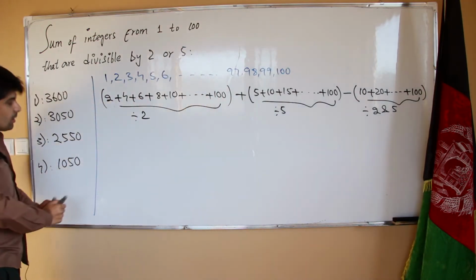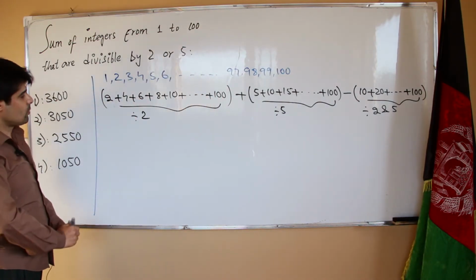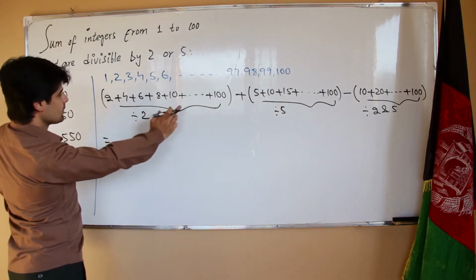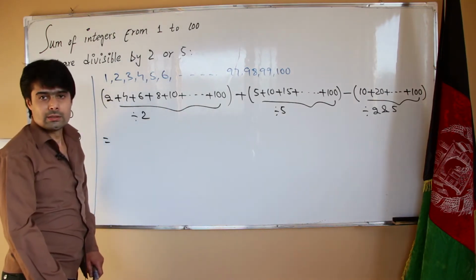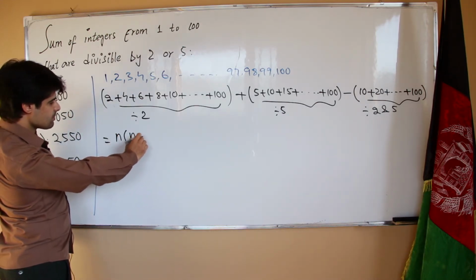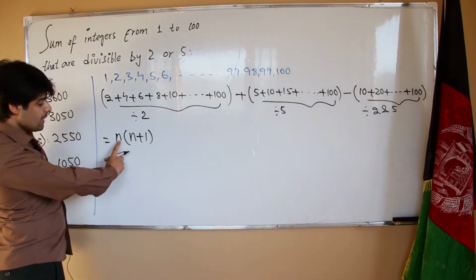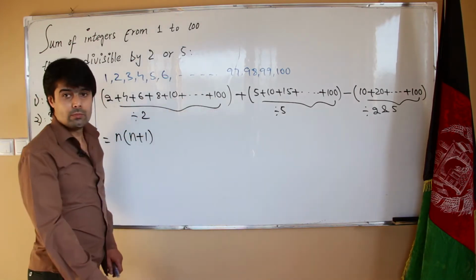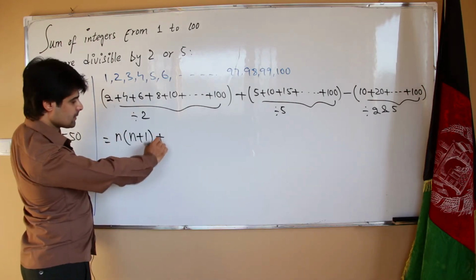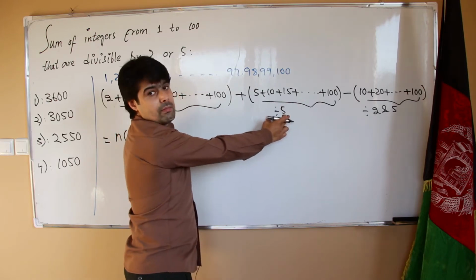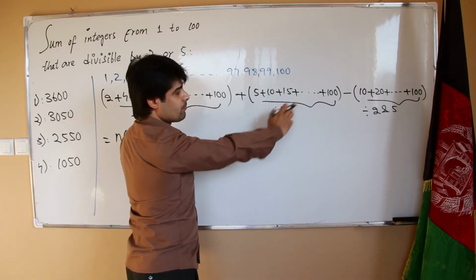Yes, you have got it. Now the question is easy. This is the summation of the even numbers. What's the formula? I think n times n plus 1. n is the number of terms which we have from 2 up to 100. Plus, what this one is, this one is an AP, arithmetic progression.